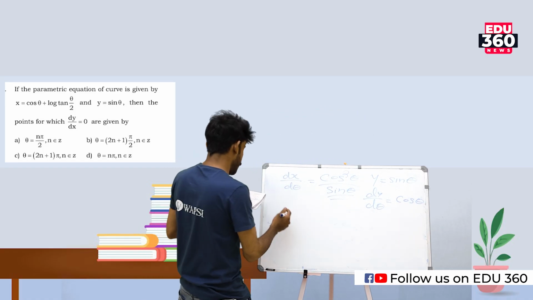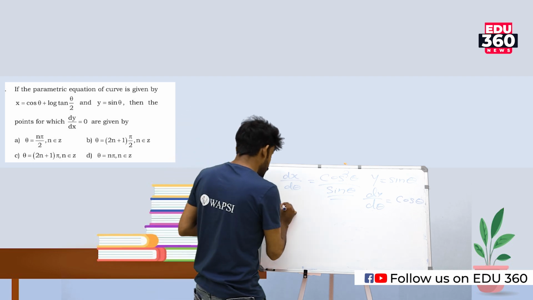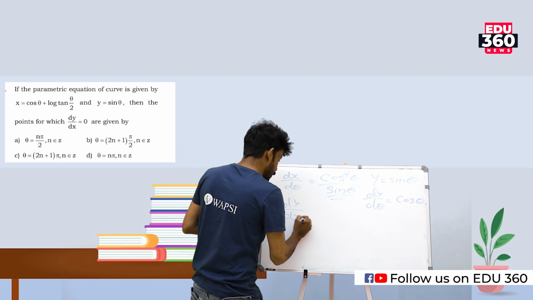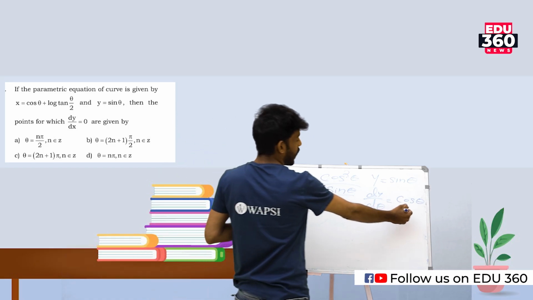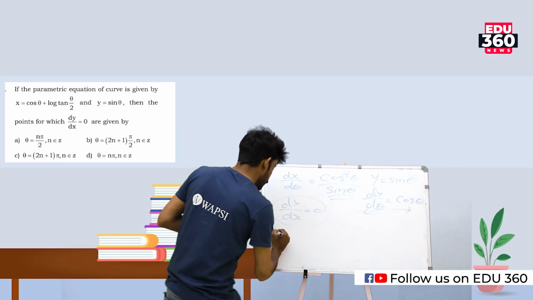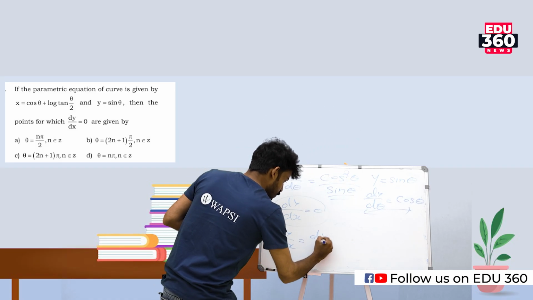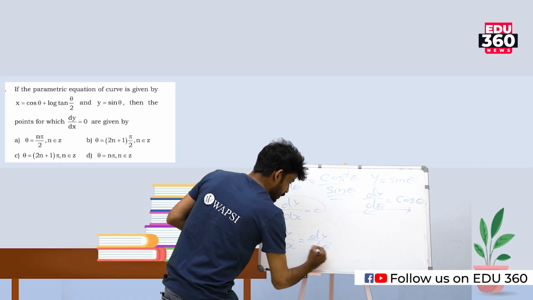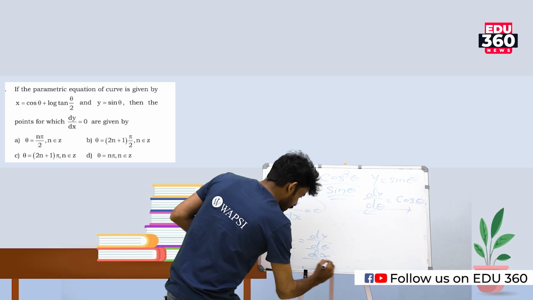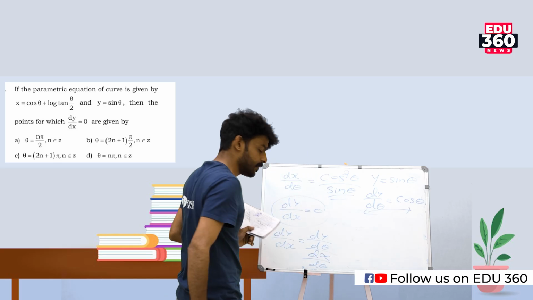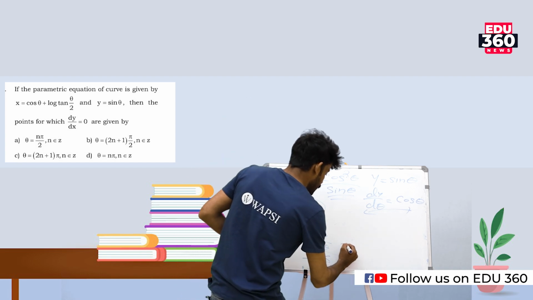So hereafter, also it's given that dy by dx is equal to 0. In the next step, just divide this. This is dy by d theta. That is, dy by dx is equal to dy by d theta divided by dx by d theta, which is equal to 0.